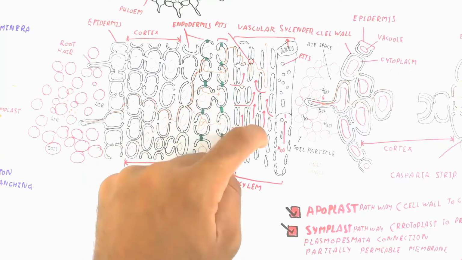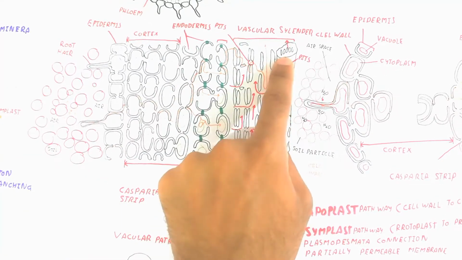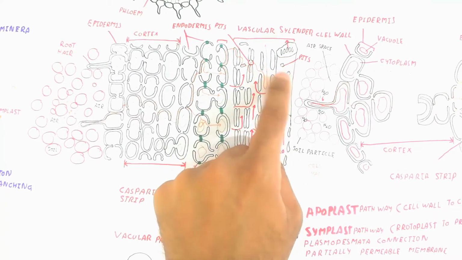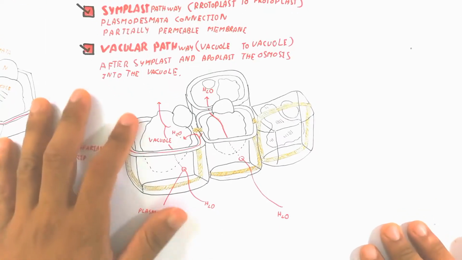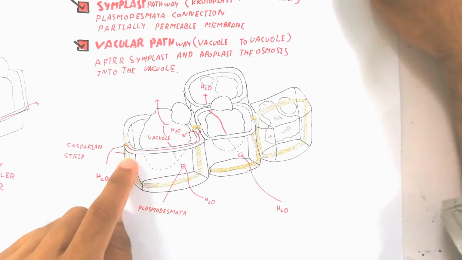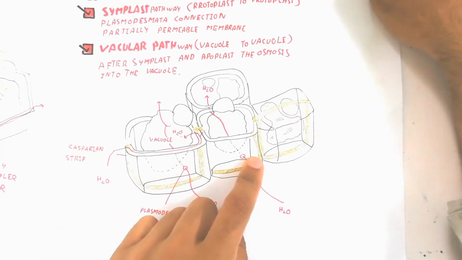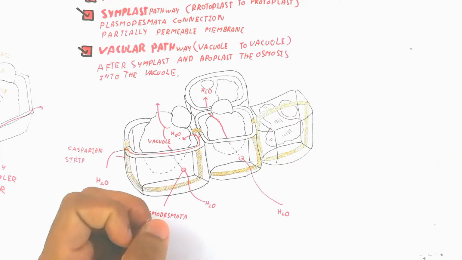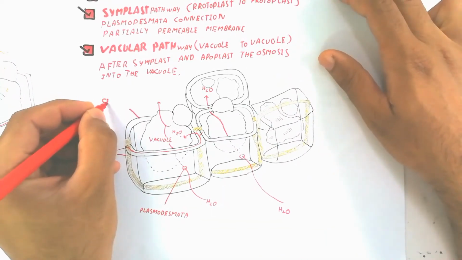Then the water moves inside the vascular cylinder, which is made up of xylem vessels and xylem tracheids. Then the water moves in the same direction, upward. I hope this makes the concept easy to understand and remember.